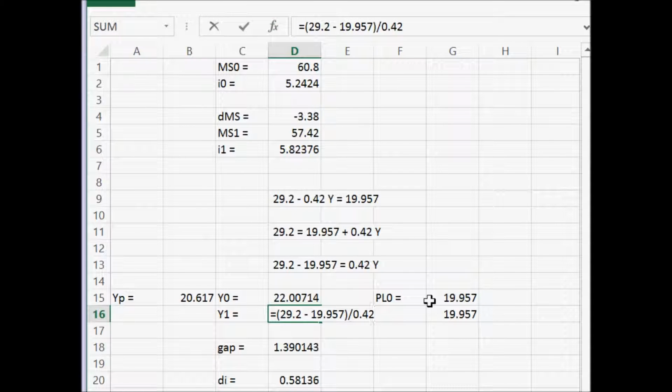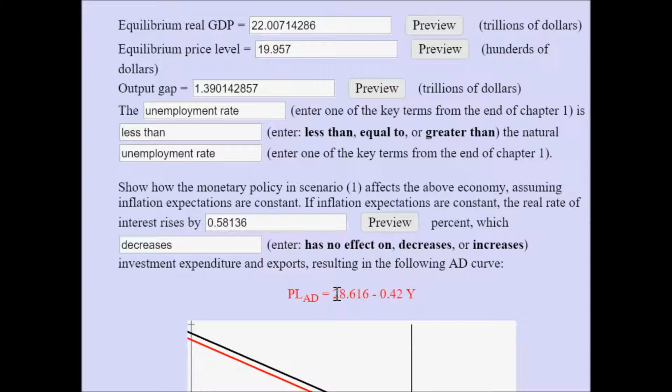Okay, so I just copied the method, or the solution, from initial GDP. What's the difference between final GDP and initial GDP? The 29.2 here is the intercept of aggregate demand. Instead of 29.2, notice the slope is 0.42 still.